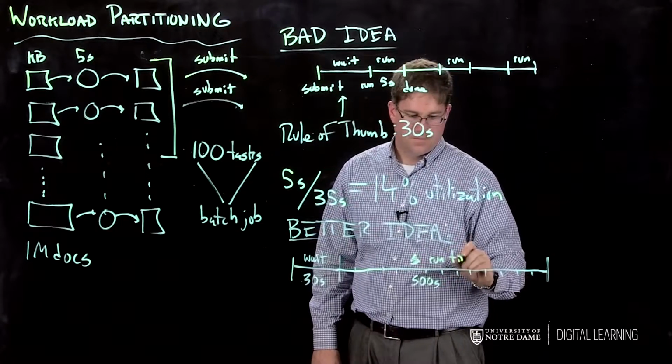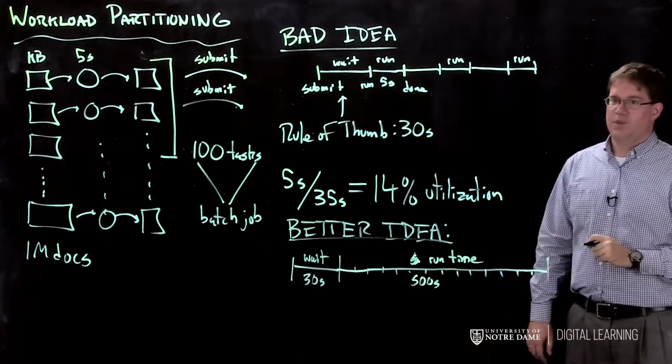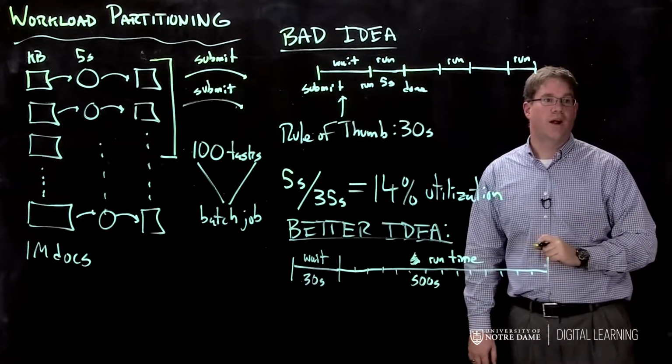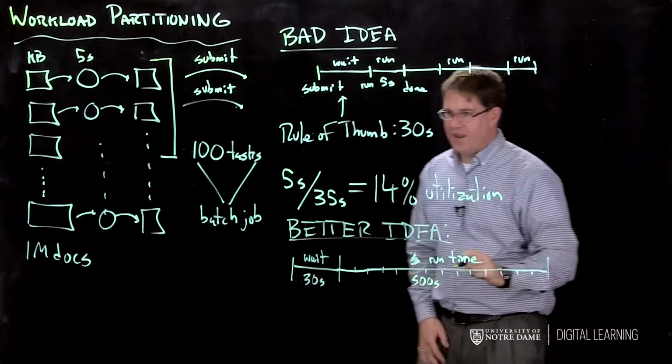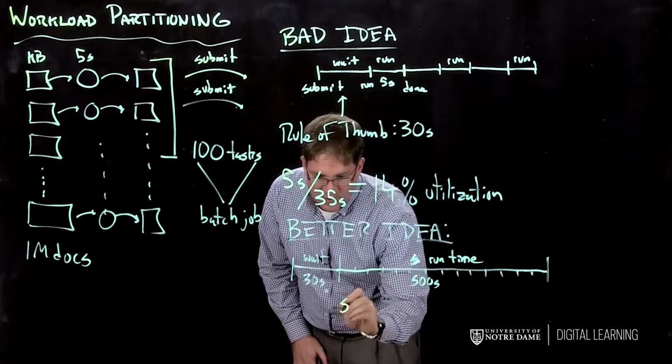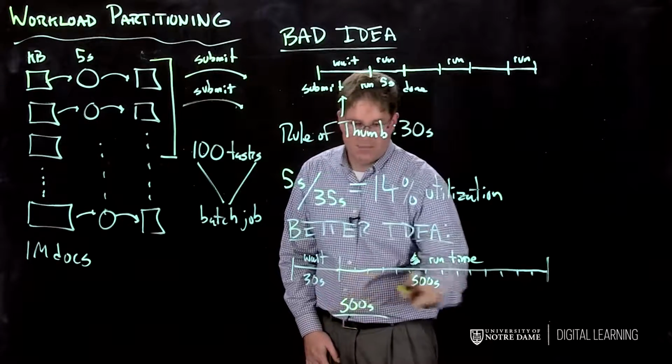And now we get much longer jobs relative to the waiting time that we're required to pay. How much better? Well, all we have to do is take our total runtime, it's 500 seconds, and divide by the wait time plus the runtime.